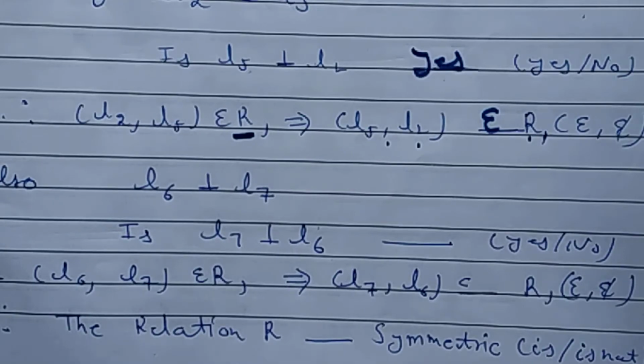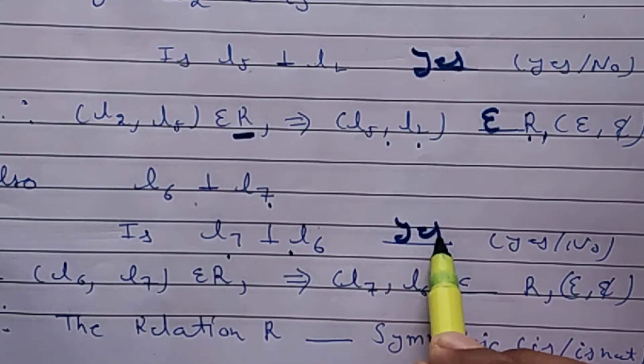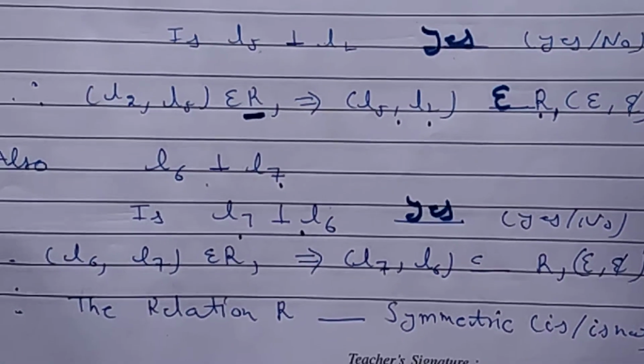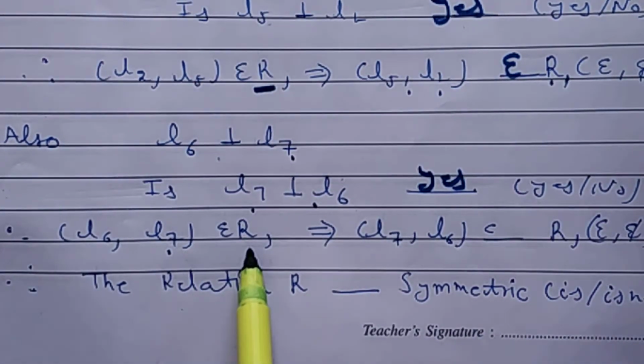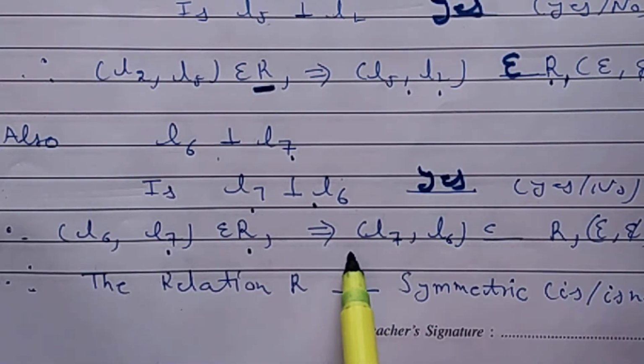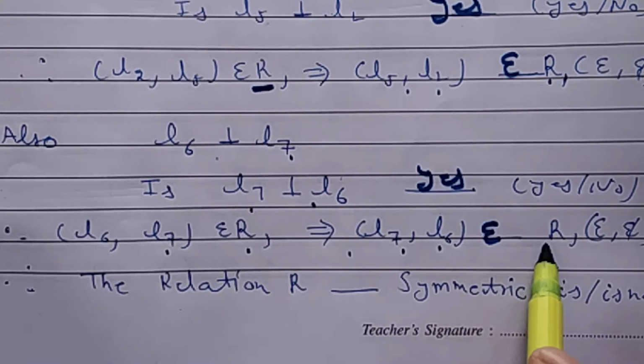L6 is perpendicular to L7. Is L7 perpendicular to L6? Yes, it is. So (L6, L7) belongs to R, and (L7, L6) also belongs to R.